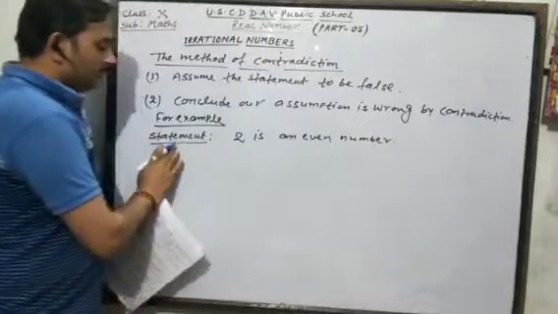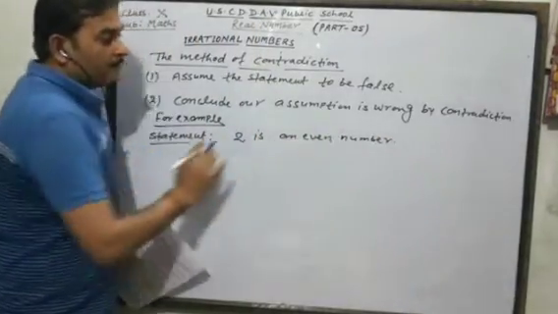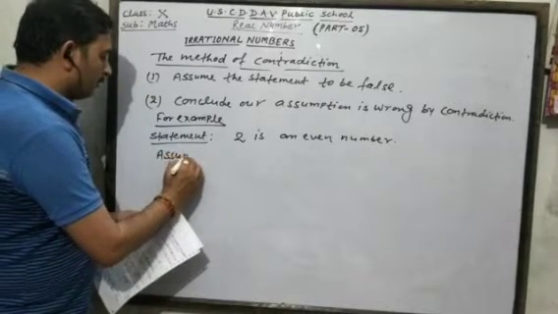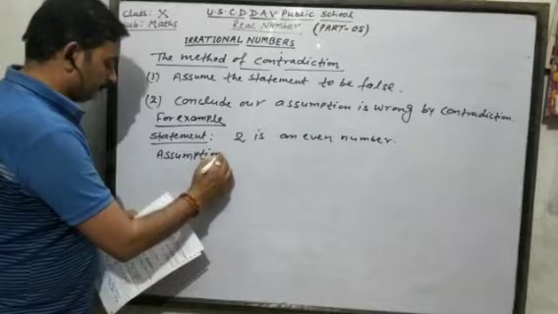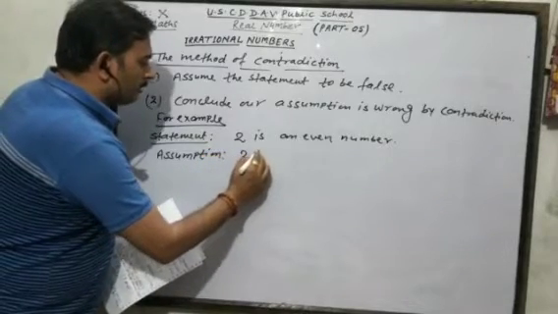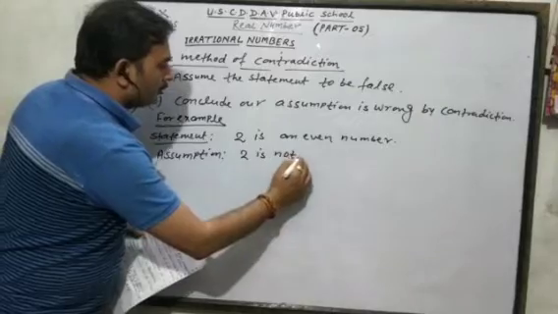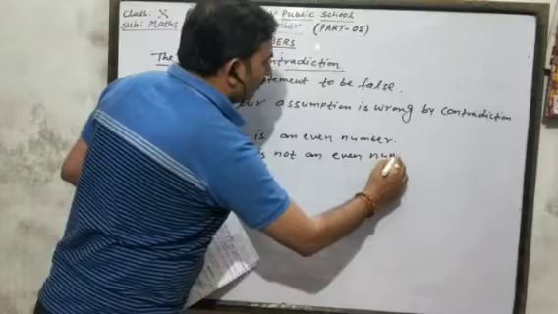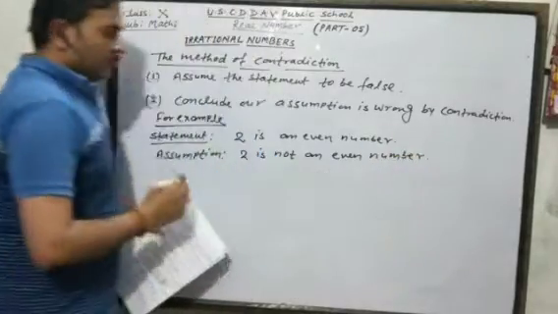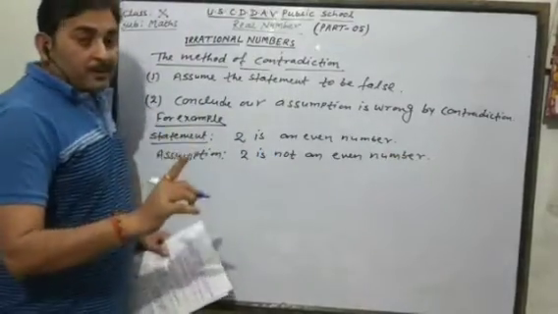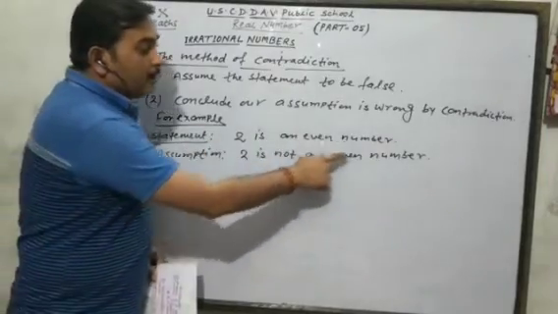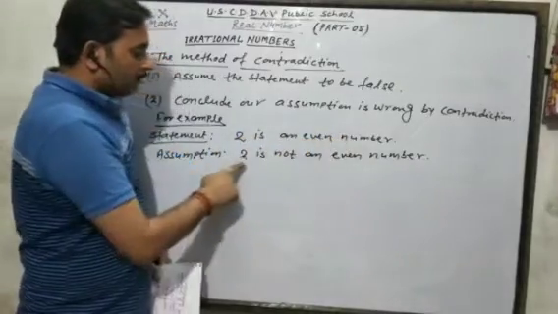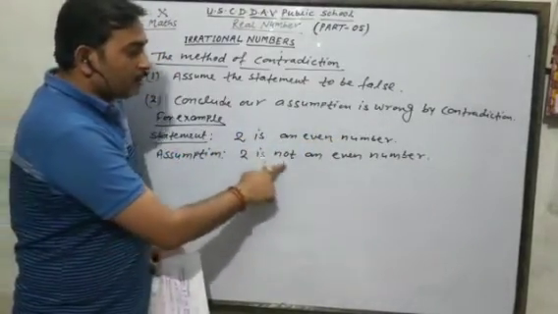So the assumption is: 2 is not an even number. So what will you suppose? You will suppose that 2 is not an even number. The statement given is 2 is an even number, so assume that 2 is not an even number.